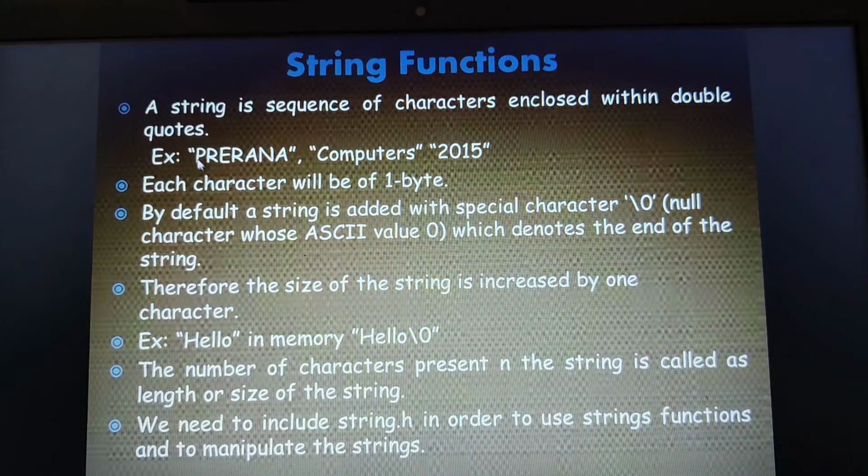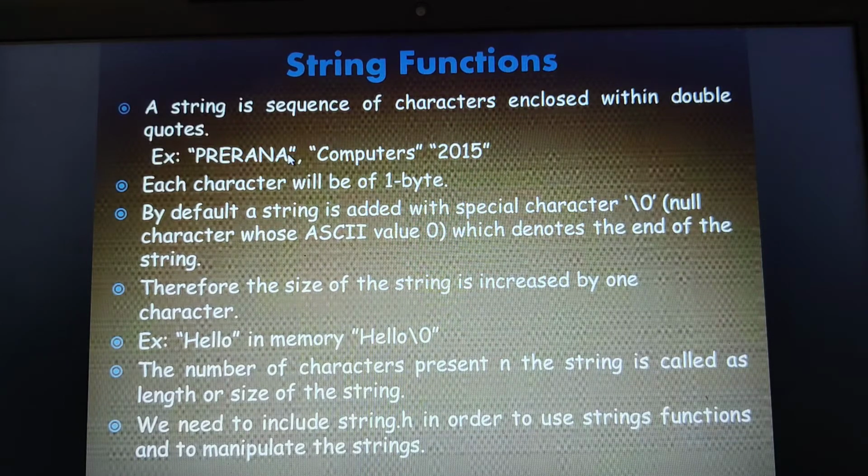Now, each of these characters will take one byte. So P, R, E. P is taking 1 byte, R is taking 1 byte, E is taking 1 byte, R, subsequently A, N, A. Each of these takes 1 byte. Now how do we store it in the memory? Each will be of 1 byte.